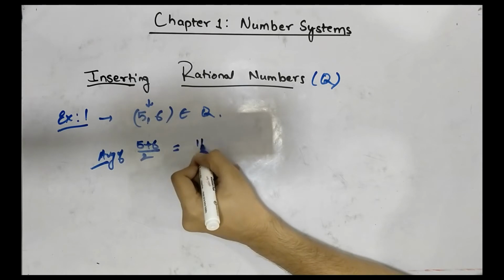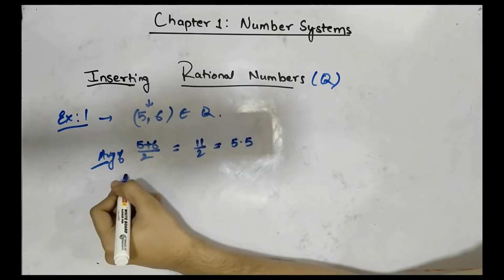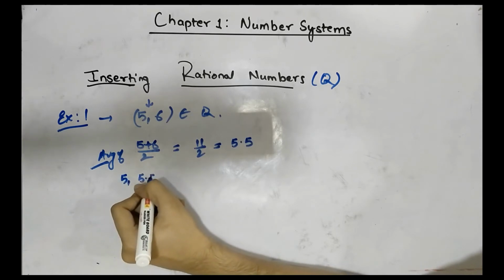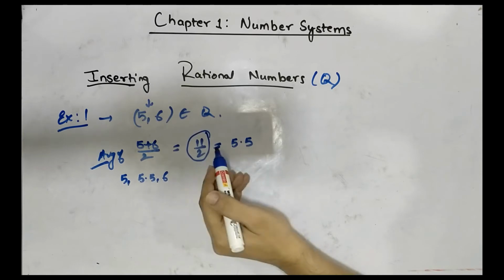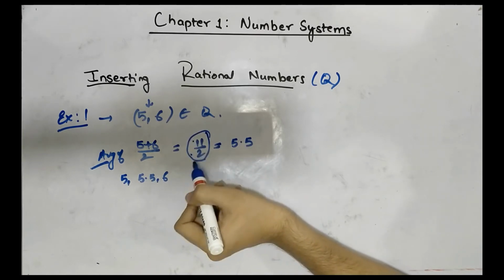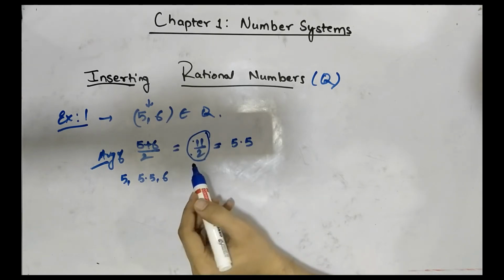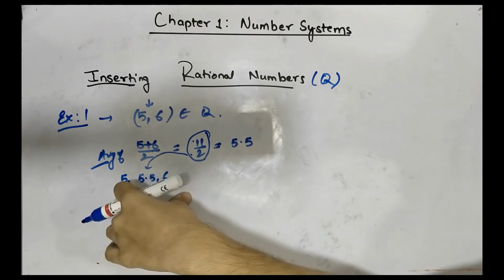The average will be 11 by 2, that is 5.5. So 5, 5.5, 6. Now you see this is p by q, where p and q are both integers and q is not equal to 0. So this is a rational number and it lies between both of them.